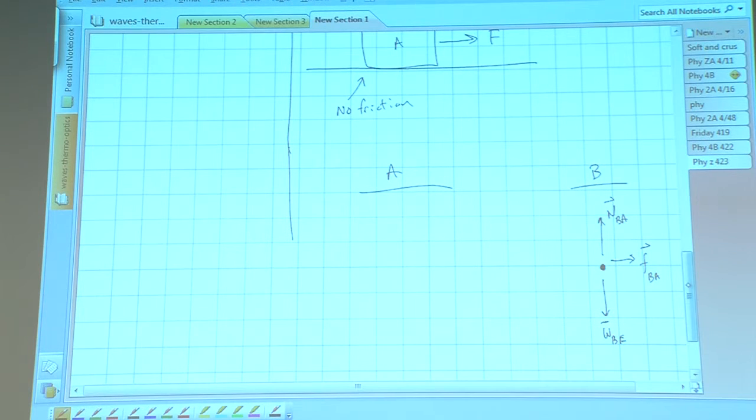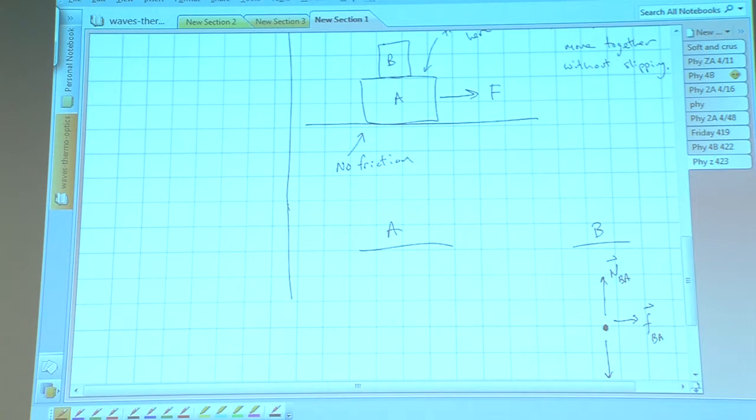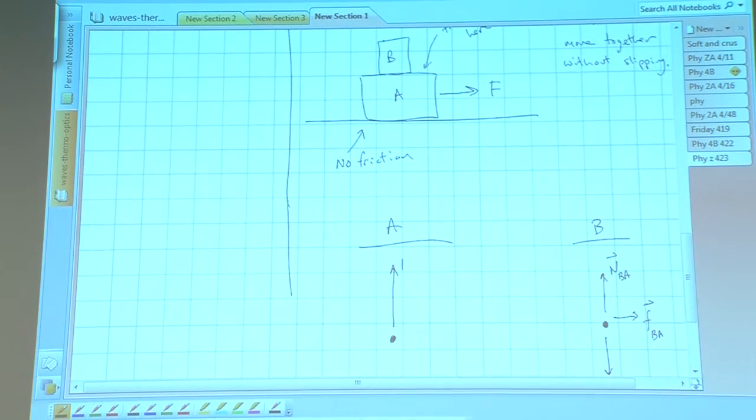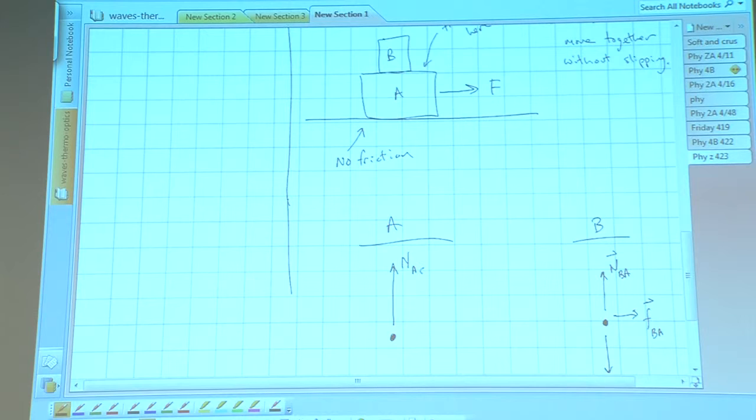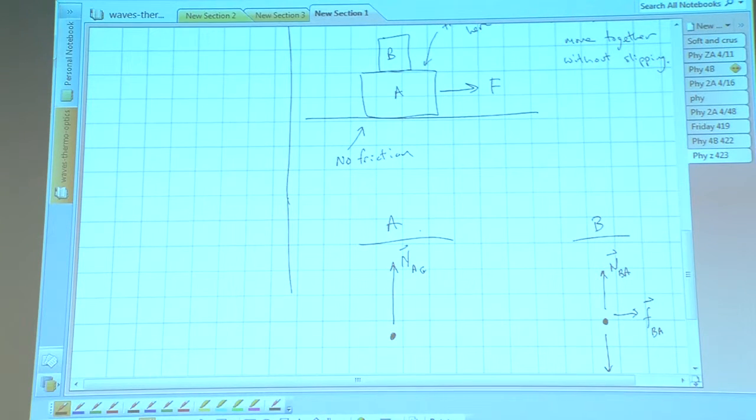Now block A. What's touching block A? The ground is. The ground can interact through a normal force or a friction force. In this case, there's no friction on the ground, so there's only a normal force on A from the ground. All right, what else is touching block A? Block B. Block B can interact through a normal force and a friction force.